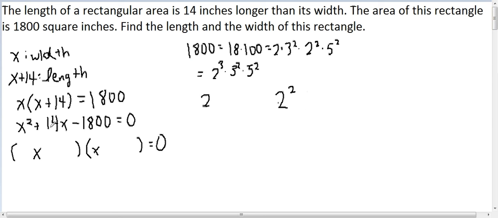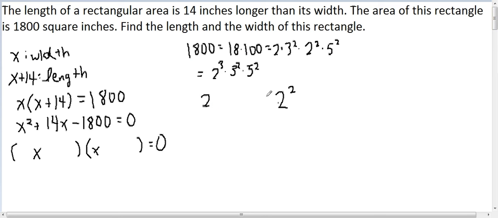Since 14 is not a multiple of 5, we can use the same reasoning to say that either this factor gets 5 squared or this factor gets 5 squared. And the final thing is 14 is a relatively small number. So more than likely, we're not going to keep 3 squared and 5 squared all together and give it to one of the factors.